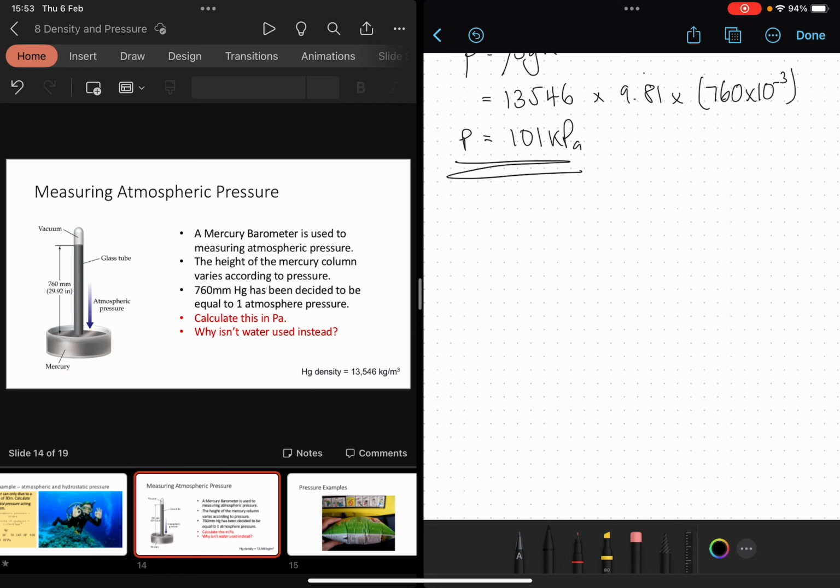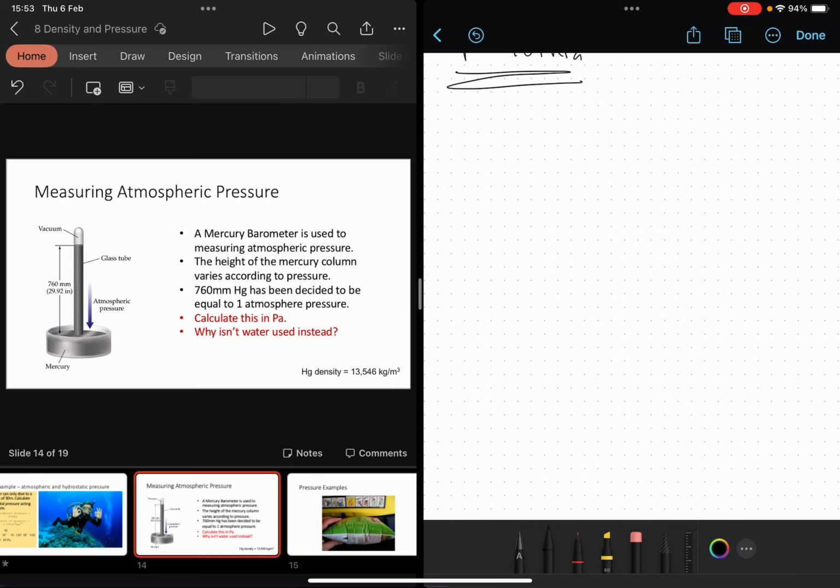So why do we use mercury? Why do we not use water? Well, we could, but the thing about water is it's about 14 times less dense, 13.6 times less dense.